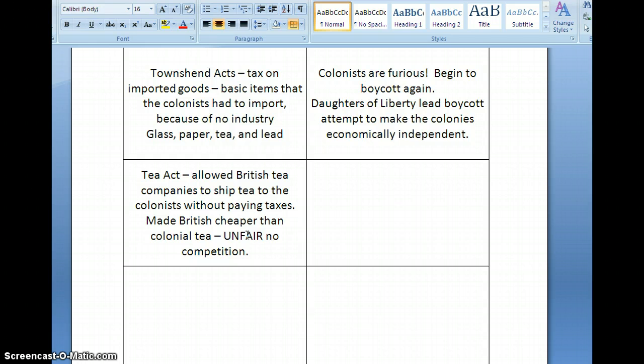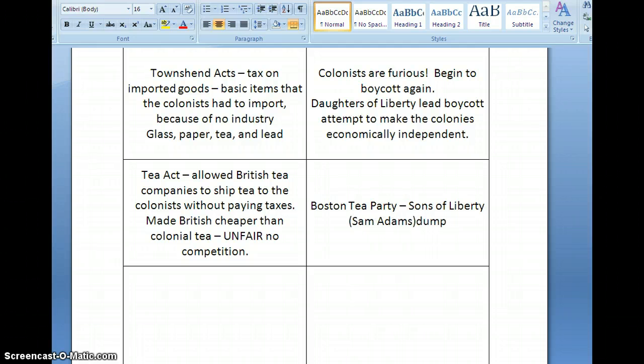And so the colonial reaction was the Boston Tea Party. There was a group called the Sons of Liberty, and they were led by a man named Samuel Adams. He was a pretty important guy.